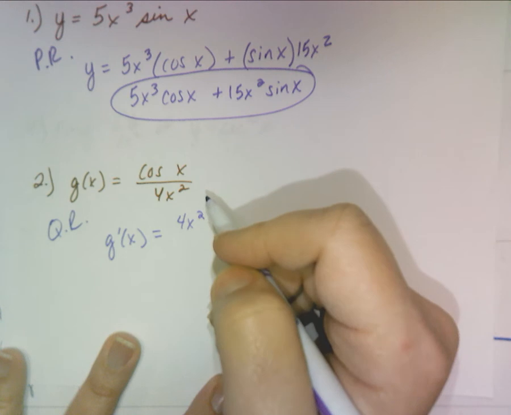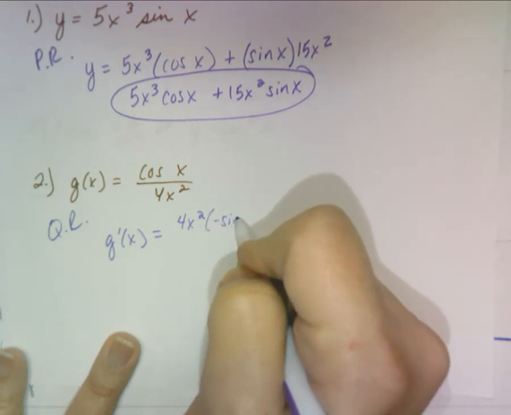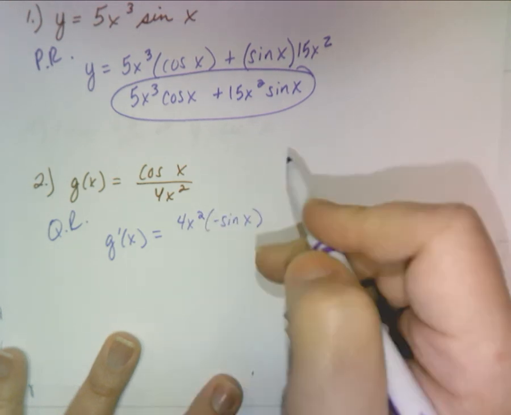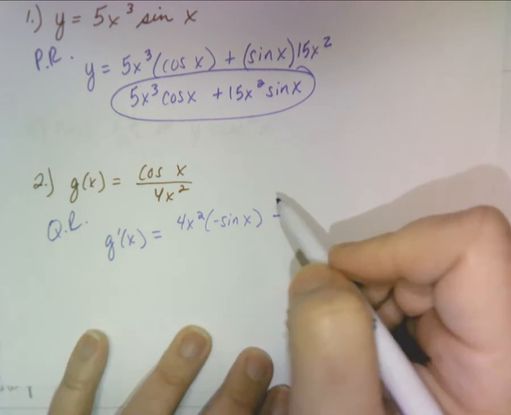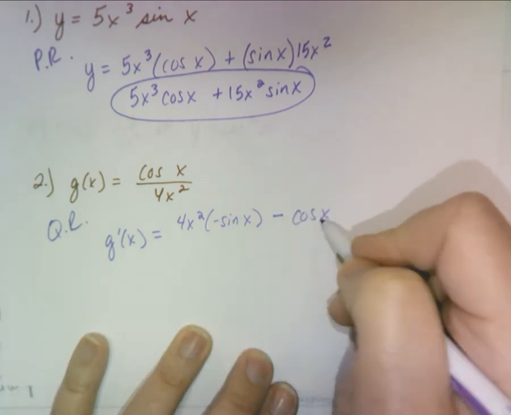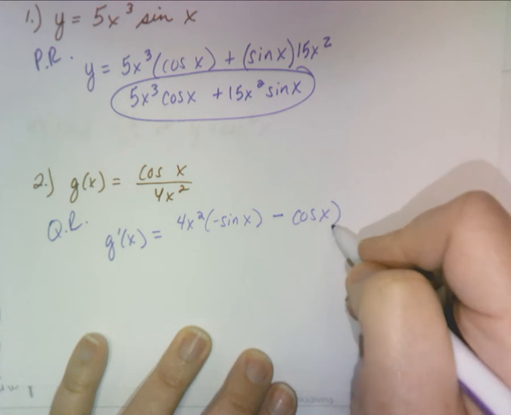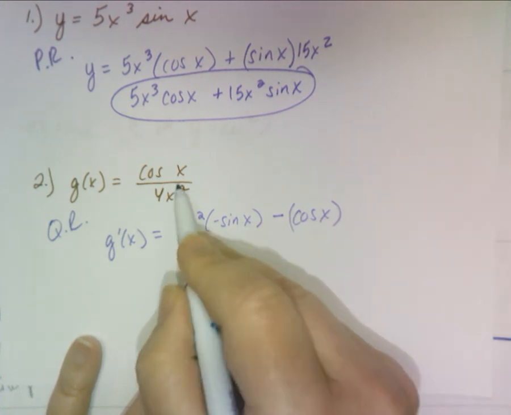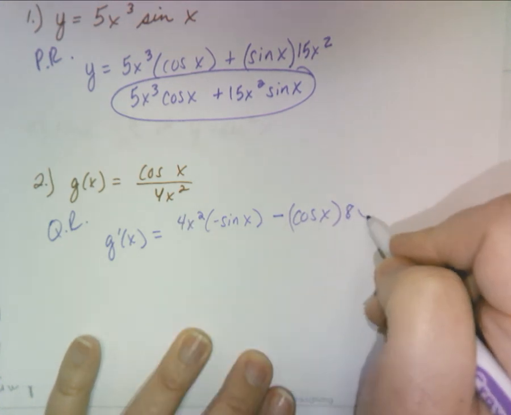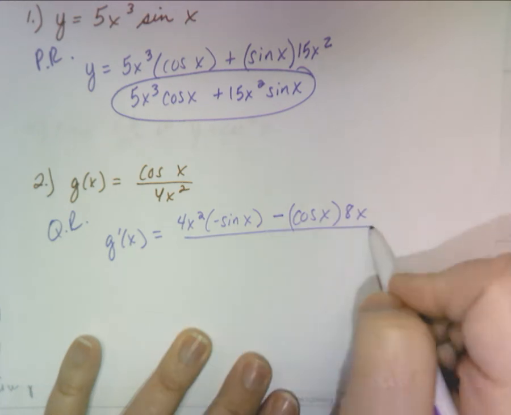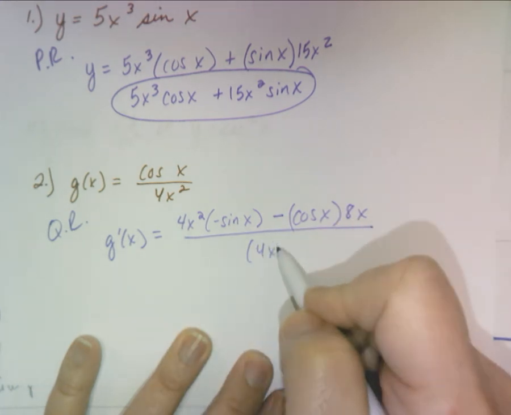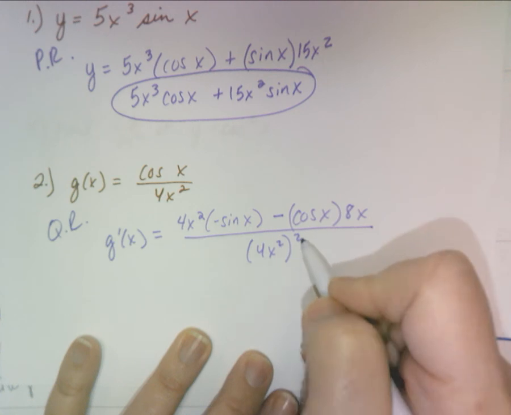Derivative of cosine is negative sine x, minus the numerator times the derivative of the denominator. So I'll put a parenthesis there. So this would be 8x, all over the denominator squared.